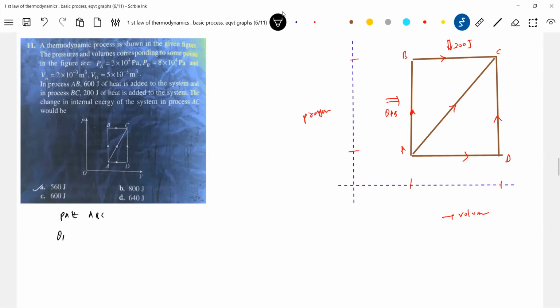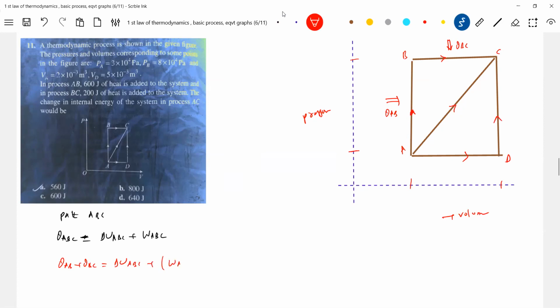Path ABC. So QABC is equal to delta U ABC plus WABC. What is the total heat that is added? QAB plus QBC. And WABC, what is work done?